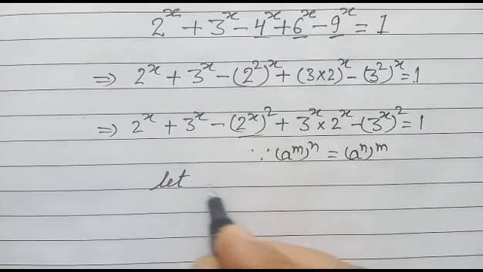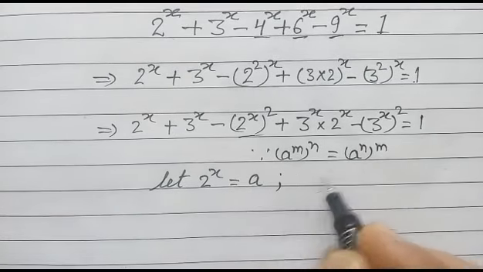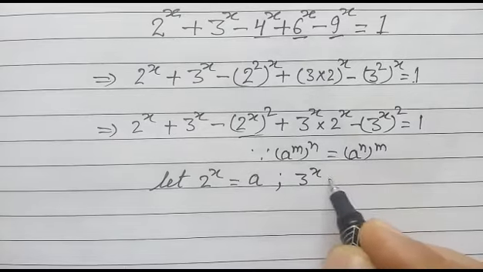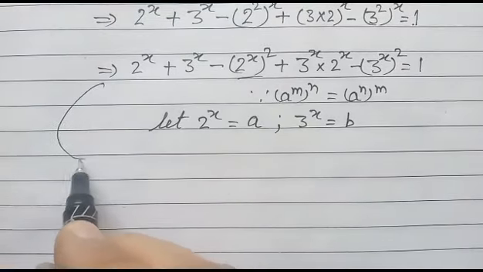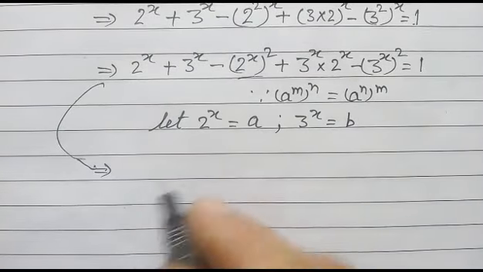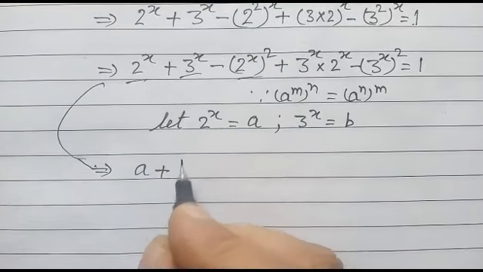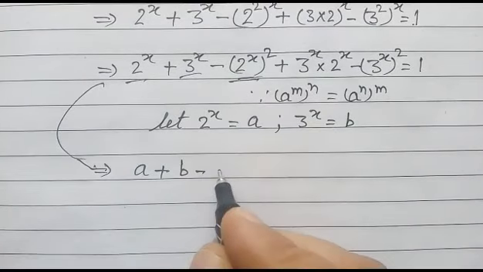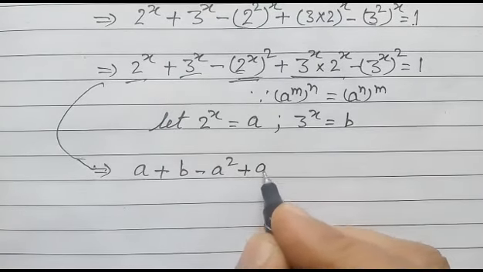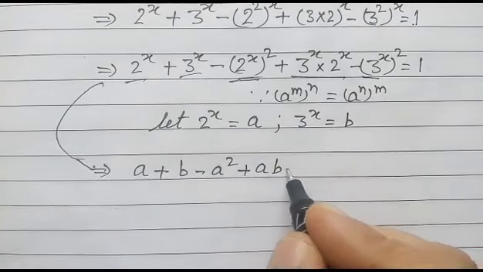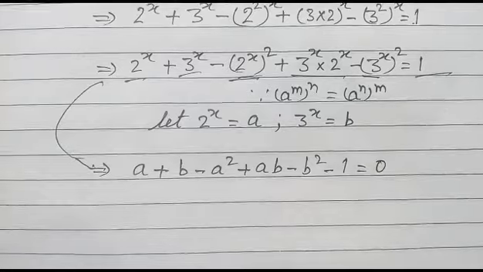Let 2^x be equal to a and 3^x be equal to b, right? So this equation can be transformed as a + b - a^2 - ab - b^2 - 1 = 0.